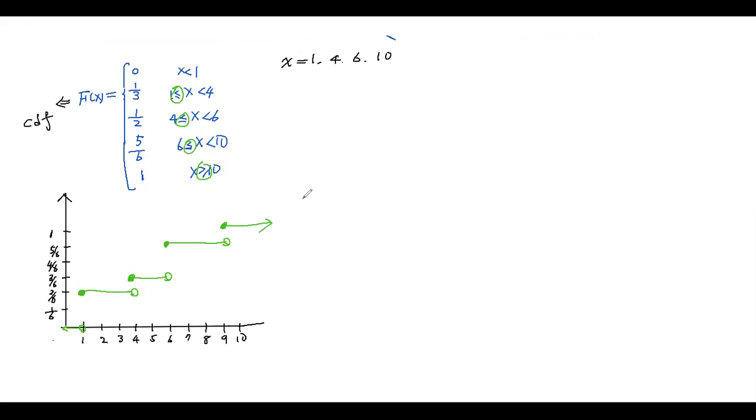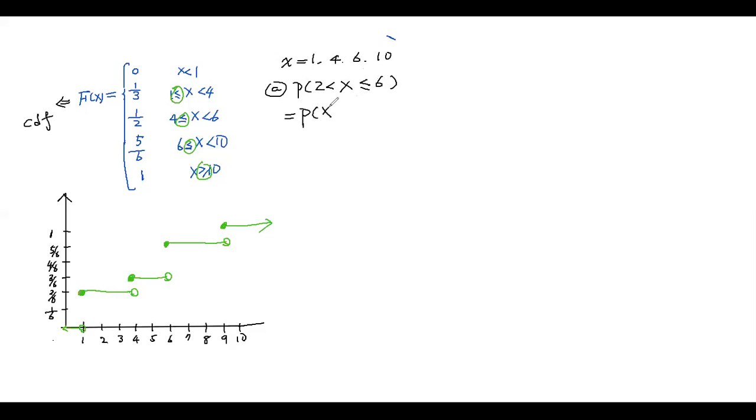Now part A. This is the probability they want to find: 2 less than X less than or equal to 6. They want to find the probability X greater than 2 but less than or equal to 6. But X can only be 1, 4, 6, 10.